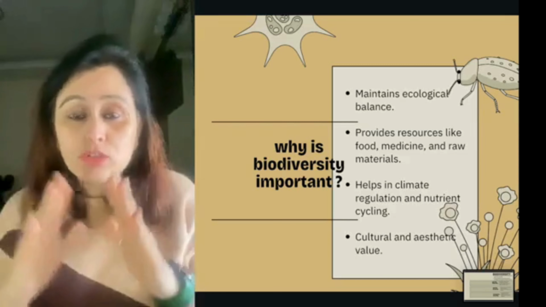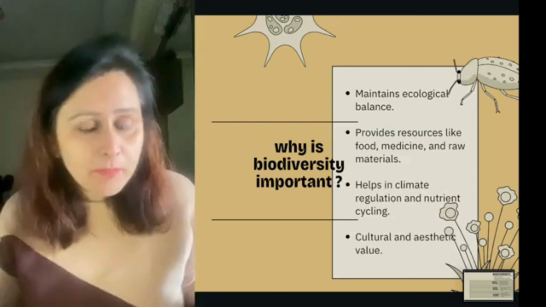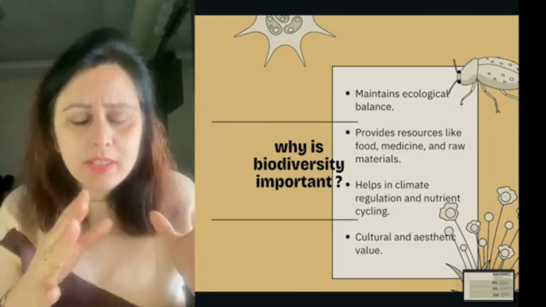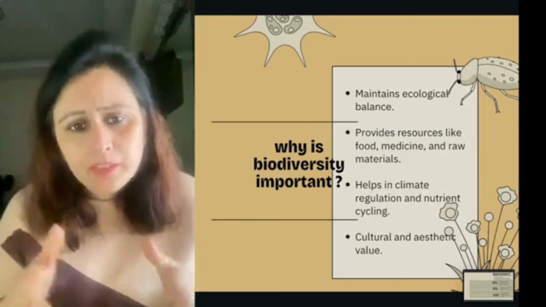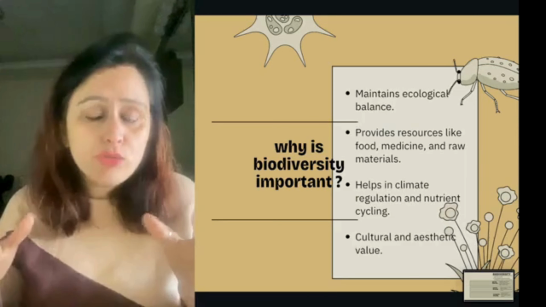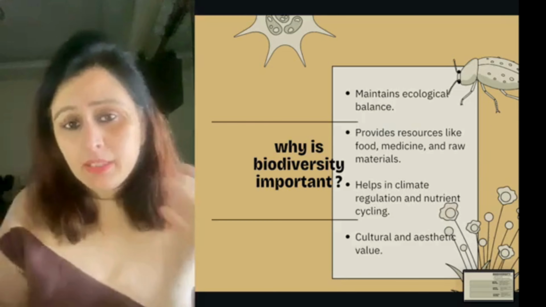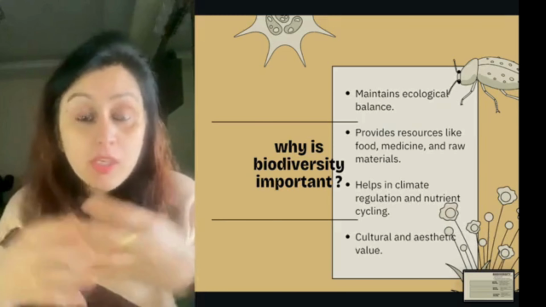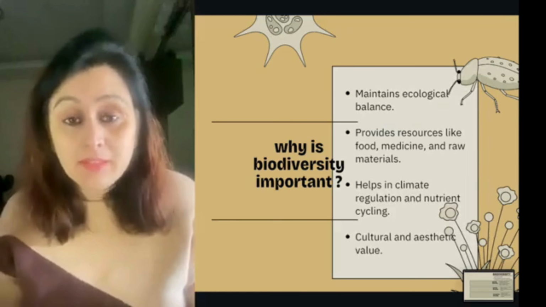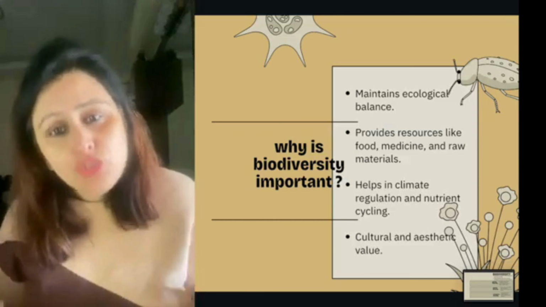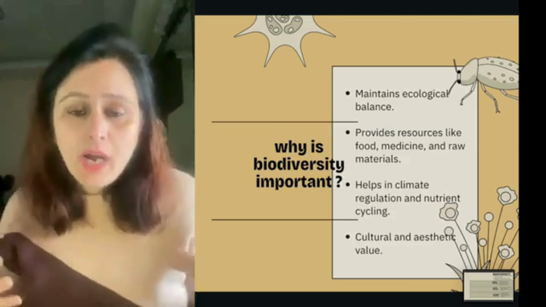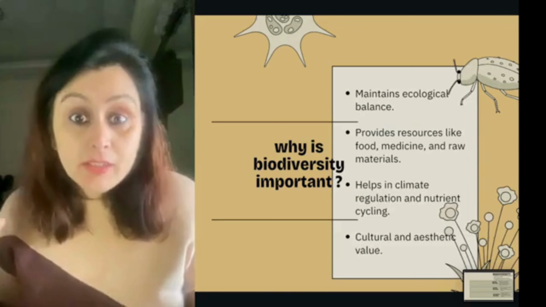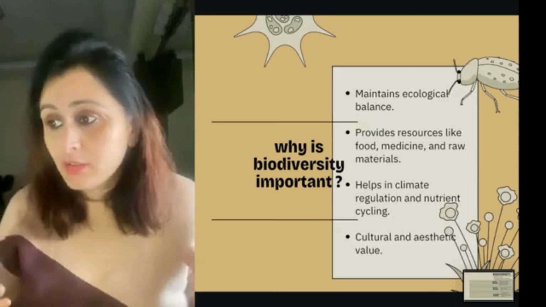If the number of plants is more, then herbivores are there to check it, and if herbivores are more, then carnivores are there to check that, and then lastly the scavengers and the decomposers are there to treat the dead and decaying matter. So the ecological balance has to be maintained in the environment. That is why diversity is there in nature.